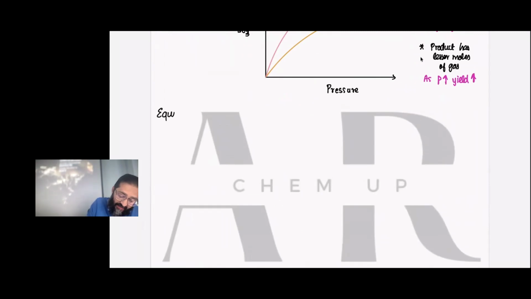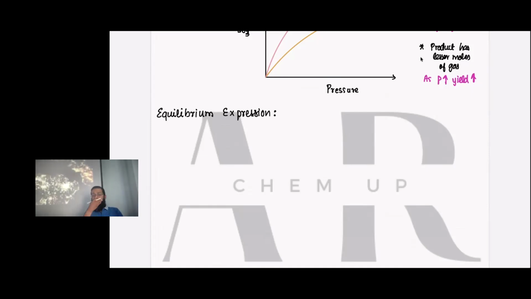So what is an equilibrium expression? Basically, an equilibrium expression is also called an equilibrium constant expression, and it is used to express the ratio between the products and the reactants at equilibrium.